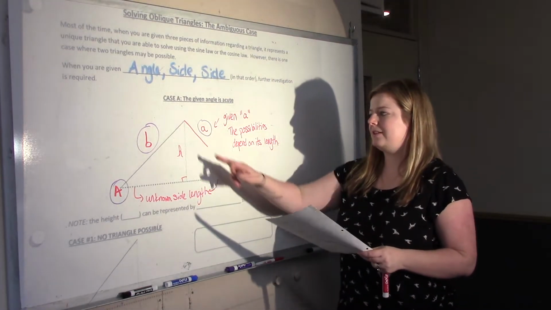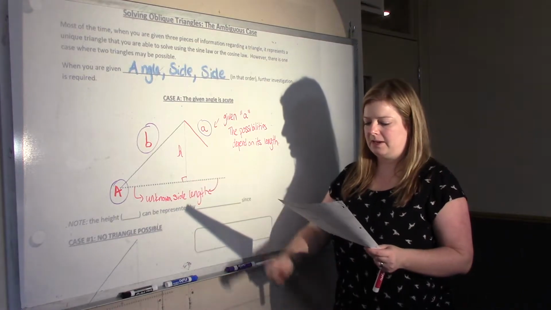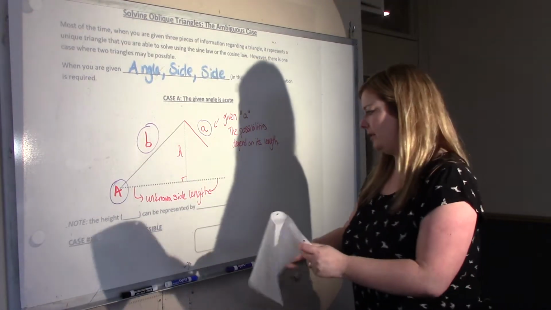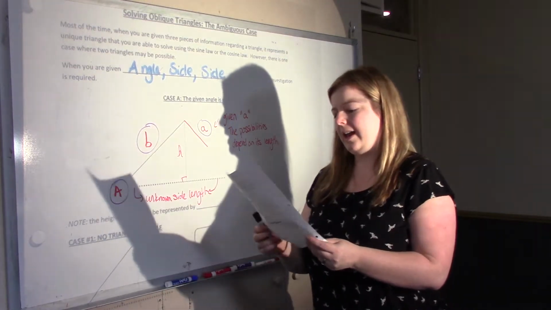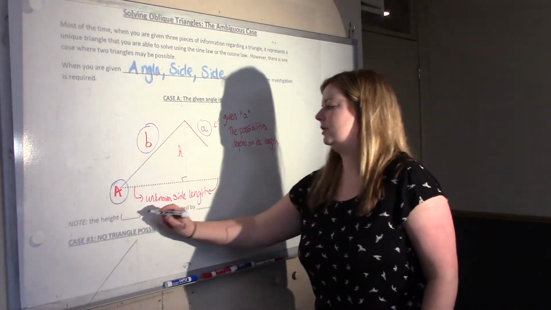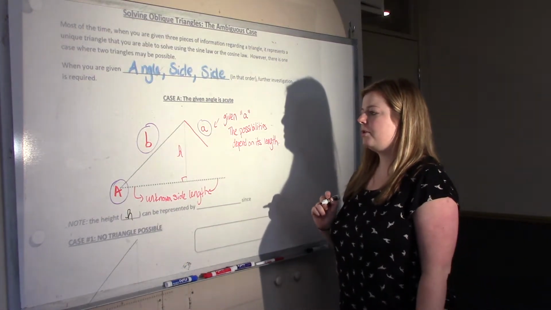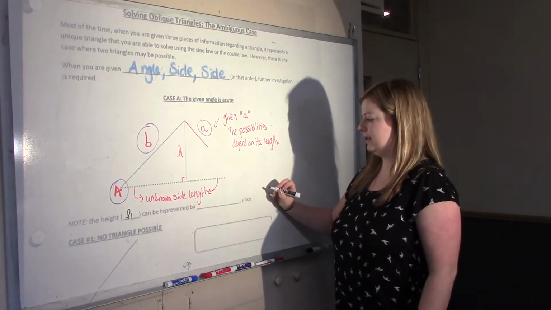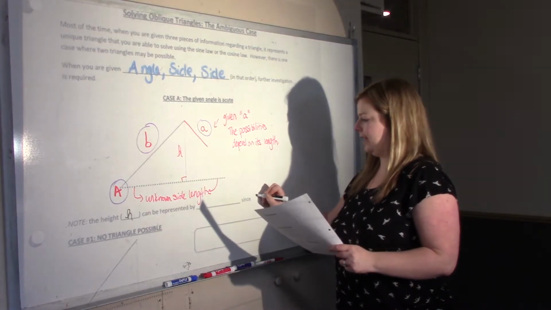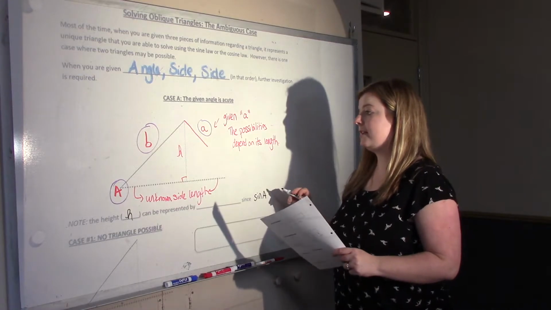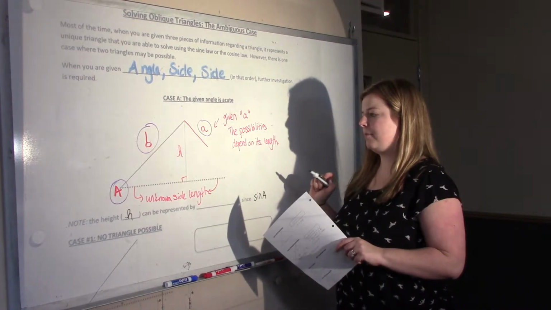Okay? But remember, this h is the height of the triangle. It has to meet at a perpendicular. So note that the height, h, can be represented by something special. Think about it: the sine of A is opposite over hypotenuse.